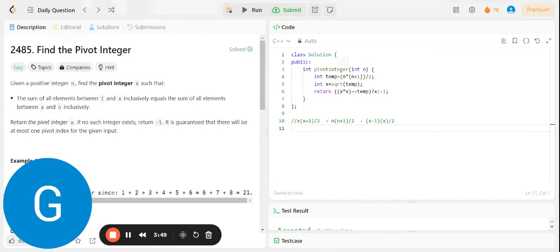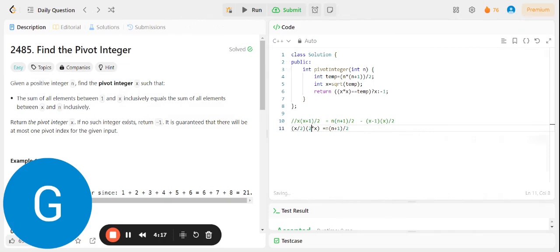We will bring x minus 1 into x by 2 to the left side, and we will take x by 2 as a common factor, and the remaining will become x plus 1 plus x minus 1. That means 2 into x. That is equal to n into n plus 1 by 2.